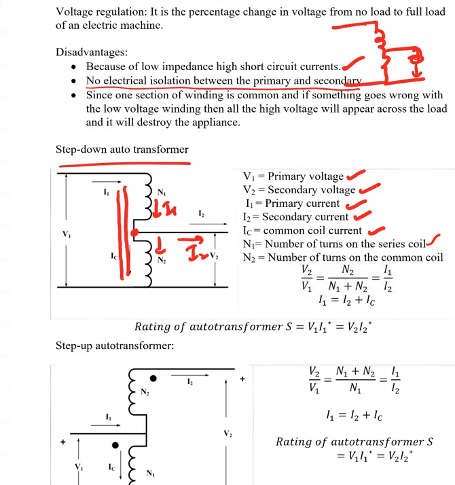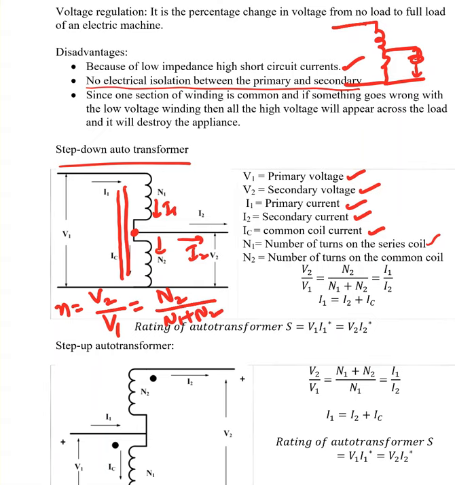When it comes to the transformer ratio, N is always V2 over V1. I have V2 corresponding to only N2 turns on the secondary side. When it comes to V1, the total number of turns is N1 plus N2.